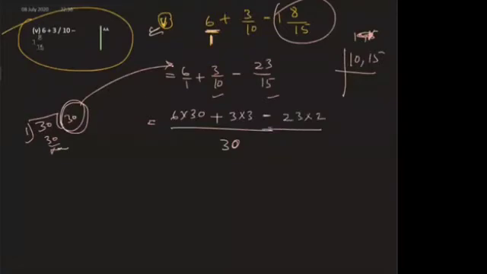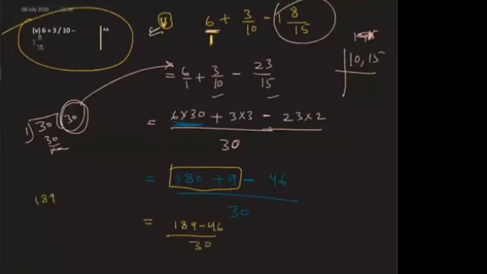Fine. Now 6 into 30 is 180 plus 9 minus 46 upon 30. Students, add these two numbers and then subtract 46 from them. So 180 plus 9 is 189 minus 46 upon 30.